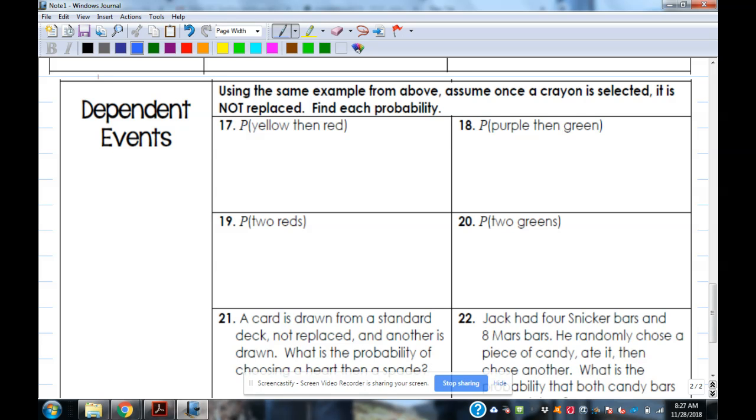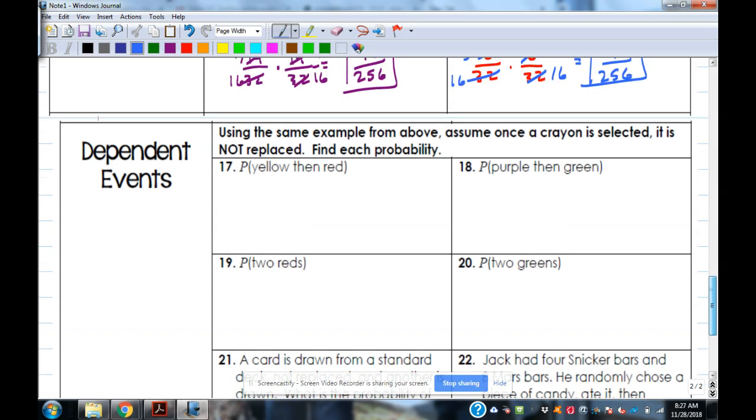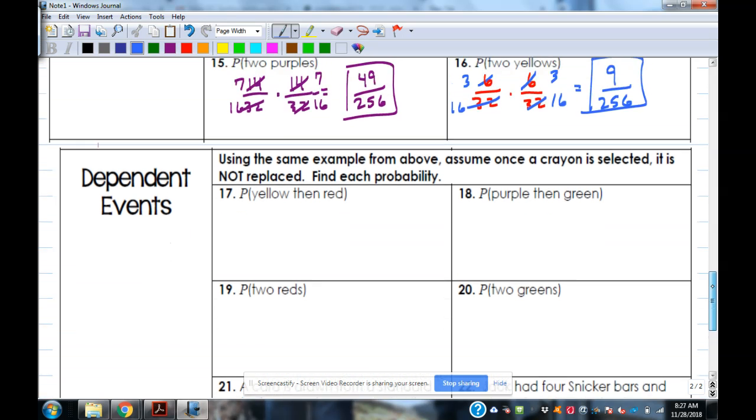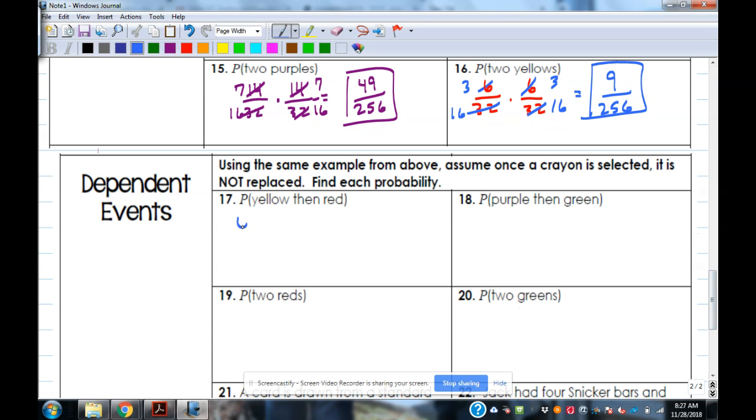Okay, so the probability of a yellow and then getting a red. What changes for that? The probability of a yellow was how much? 3 over 16, or 6 out of 32. I like to use the unreduced first. Then we're multiplying times the probability of getting a red after we picked one yellow. If we picked one yellow out, how many crayons are in the bag now? 31.